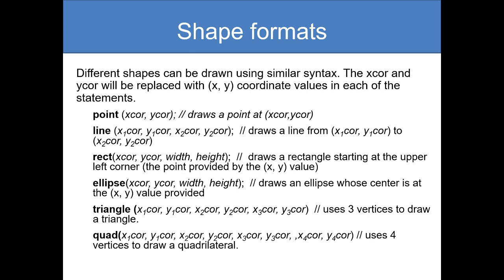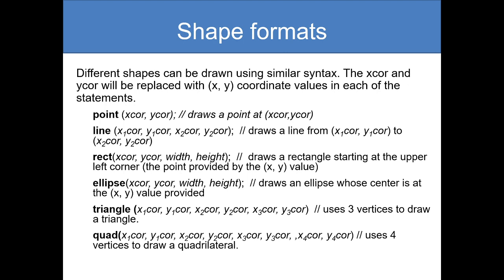A triangle is a little more complex in that it expects us to tell it the three vertices, the three places to draw to. So we do the x1 and y1 coordinates, the x2, y2, the x3, y3. So that's telling us the three different vertices that we want to draw it from.